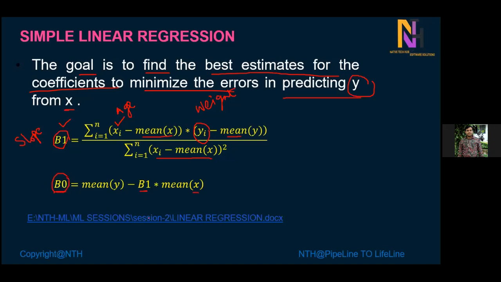So as soon as you know b1 and b naught, obviously what is the equation we have? y is equal to b naught plus b1 into x, where x is the input variable, isn't it? So we have to calculate b naught and b1 for every iteration, then only we'll be able to predict a y value.